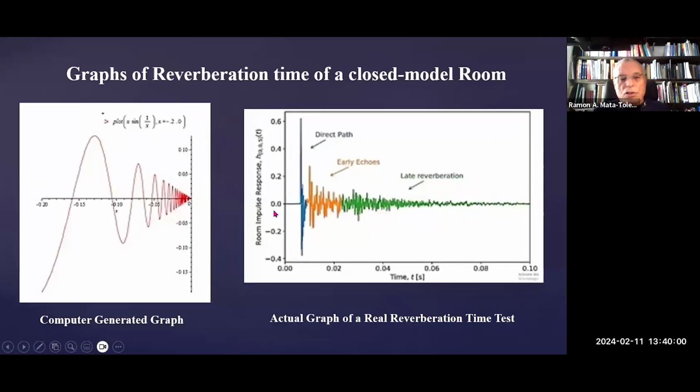Here we are going to show you again the graph of the reverberation time of a closed room. We have the actual, real graph, and we have the one on the left, which is the computer one. We can see that they are somewhat similar.